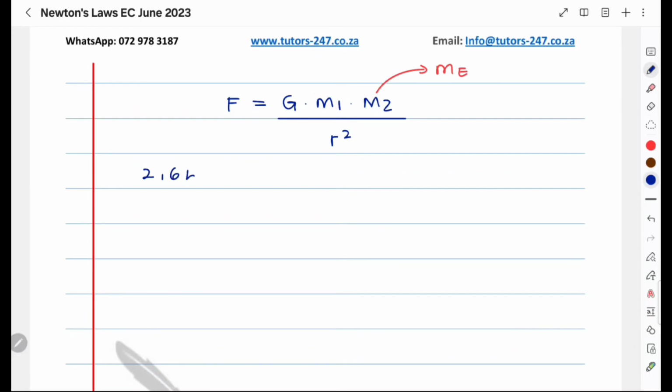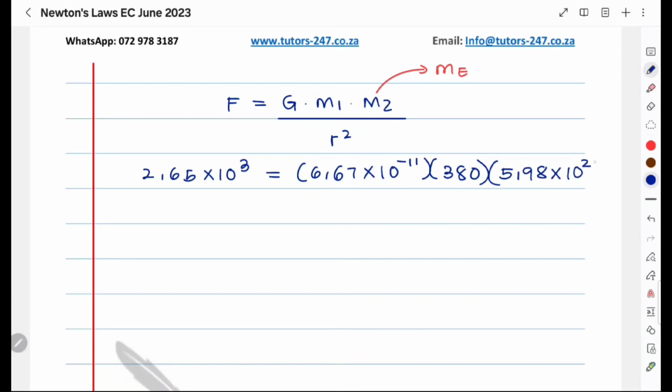We were given that value in the question, so all we do is substitute. G is a constant, so it is known. M1, which is the mass of the satellite, was given in the question, and the mass of the Earth is a constant, so it is known. And that is all over r squared.